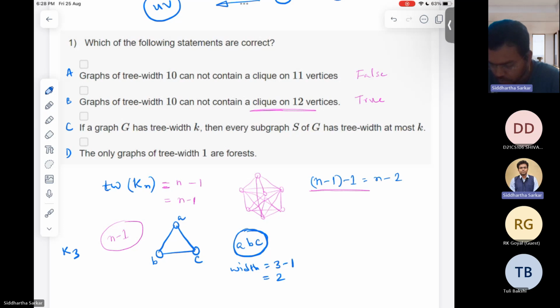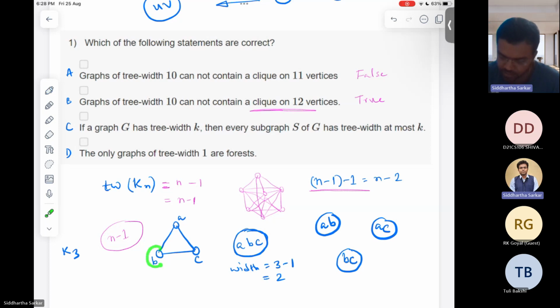Then by definition, for every edge, we need one bag. So for the edge AB, we have a bag, and for the edge AC, we have a bag. Here I'm trying to see if smaller bags can still lead to a tree decomposition. Okay, so this is a valid set of bags. But now the other condition is that for every vertex, the bags containing the vertex should be connected.